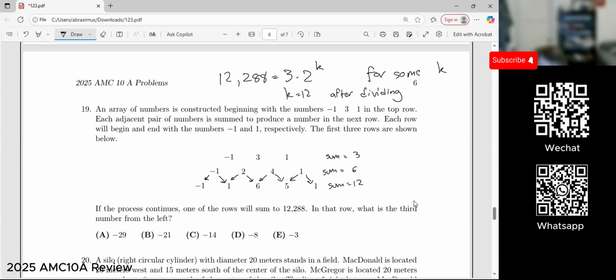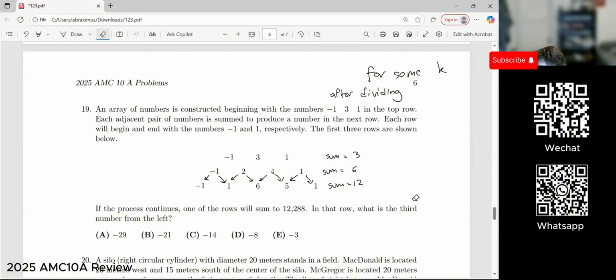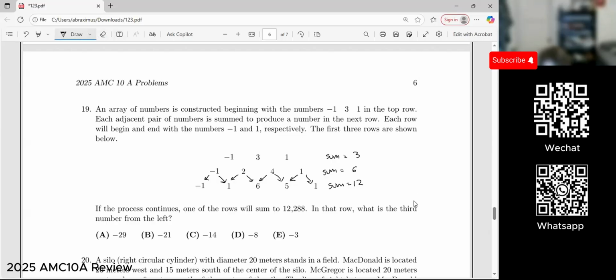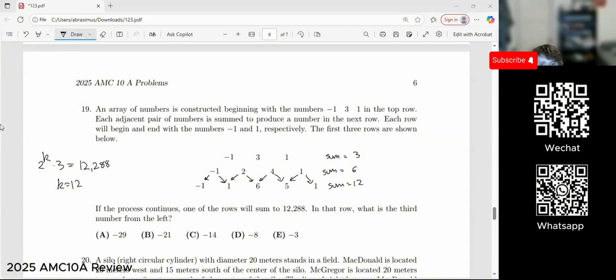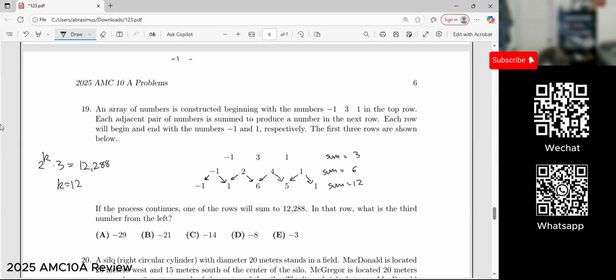Okay, so we need to look at the 12th row. I'm going to remake the 12th row, and we're just going to look at it. So 2 to the k times 3 is equal to 12,288, which implies k is equal to 12. So we need 13 minus 1s. 1, 2, 3, 4, 5, 6, 7, 8, 9, 10, 11, 12, 13.